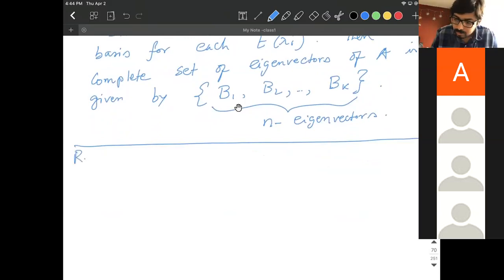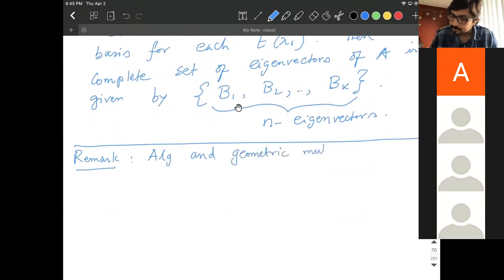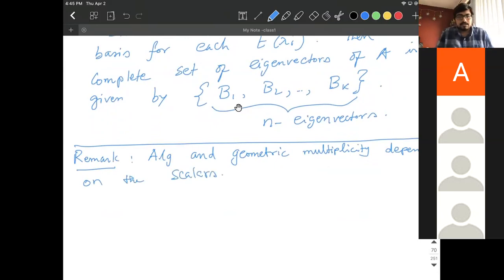One small remark, and that is something you should note down: the algebraic and geometric multiplicity depend on the scalars, which means that it depends on whether you are working with real numbers or complex numbers.